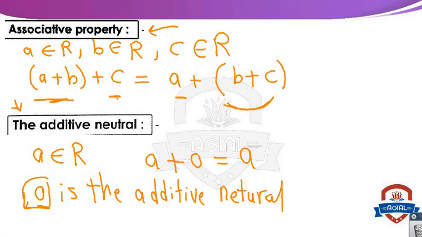If we have A belongs to R and we add A to 0, it will be the same number, A.